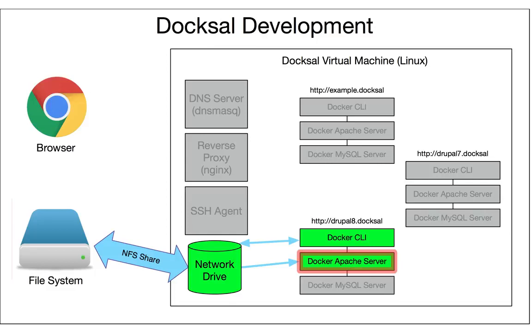So from your perspective, this is a seamless experience. You edit a file locally, and it is as though you were SSH'd into your Docker container and editing the file using Vim or something. But you don't have to do that. Docksal is just smart enough to retrieve those changes instantly.